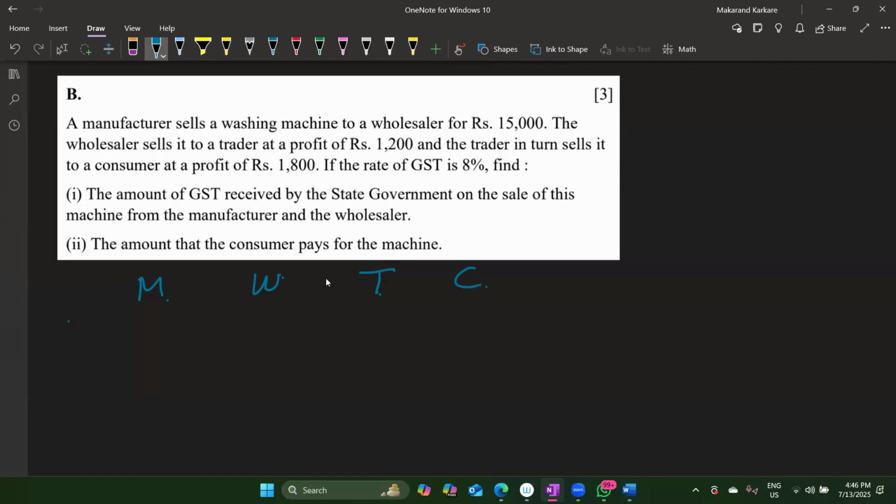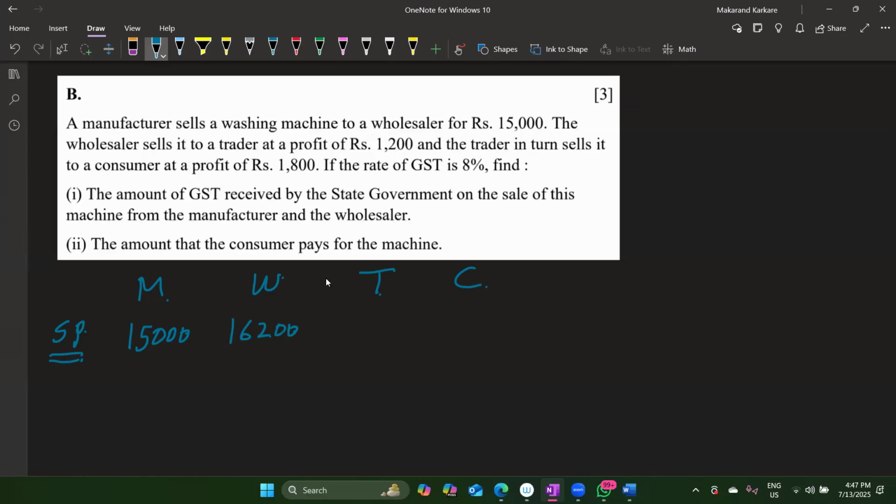So I'm going to write the sales price. What is the sales price for manufacturer? 15,000. What is the sales price for the wholesaler? He makes a profit of 1,200. So 15,000 plus 1,200 going to be 16,200.